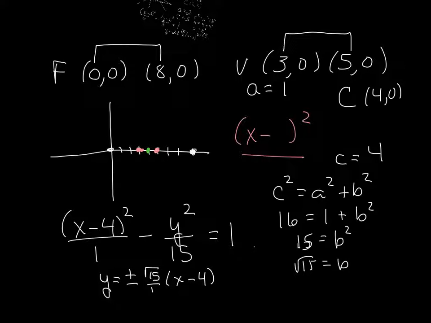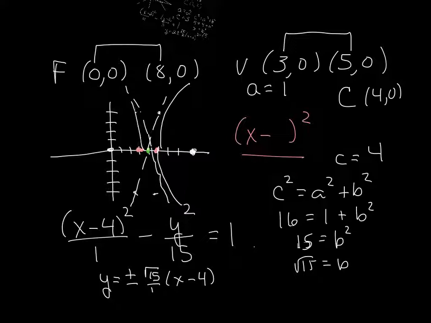So if we were to graph that from the center, which I made my center green, I'm going to go up 4 over 1, down 4 over 1. There's one asymptote. And same thing, other direction. So these are going to be fairly wide. The hyperbola opens much wider. It goes closer to those asymptotes.